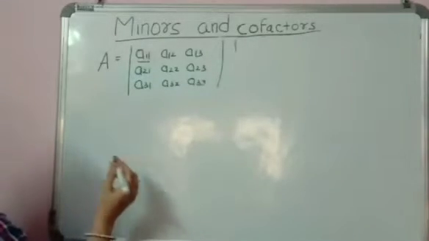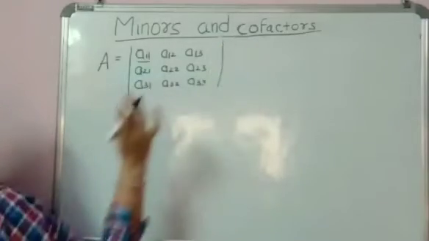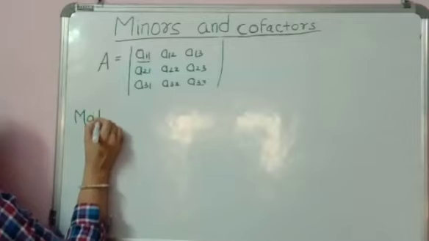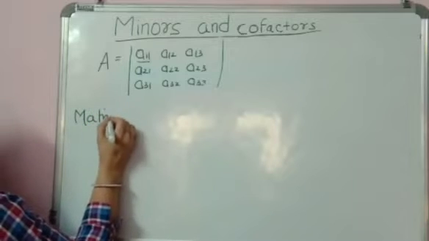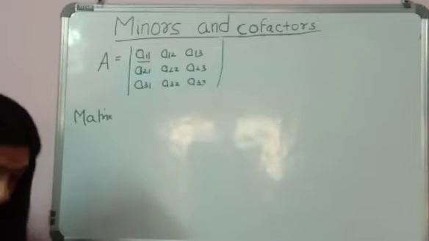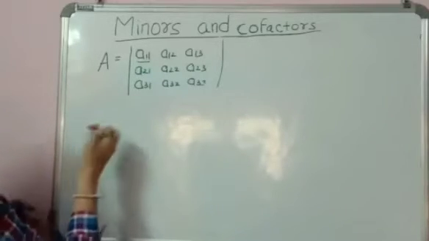Now let us see, if a matrix of cofactors is given to you, you are writing only the cofactors here.